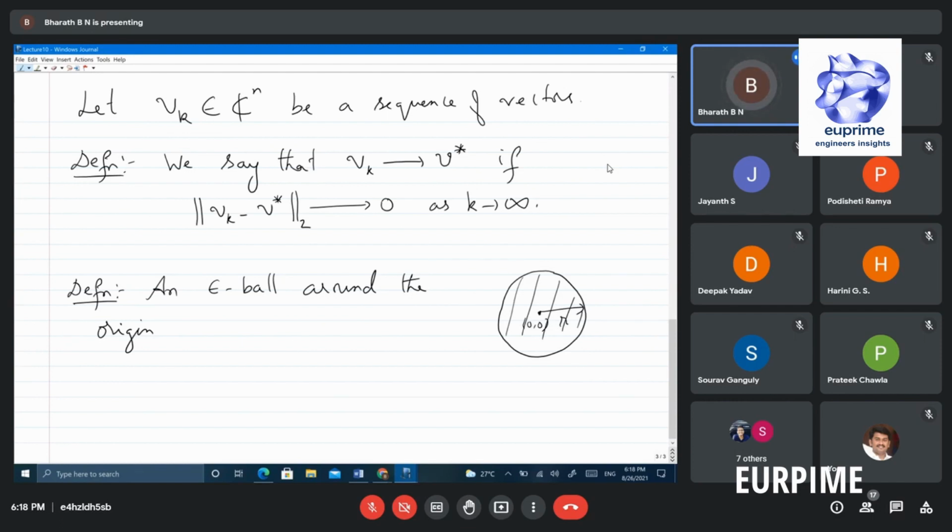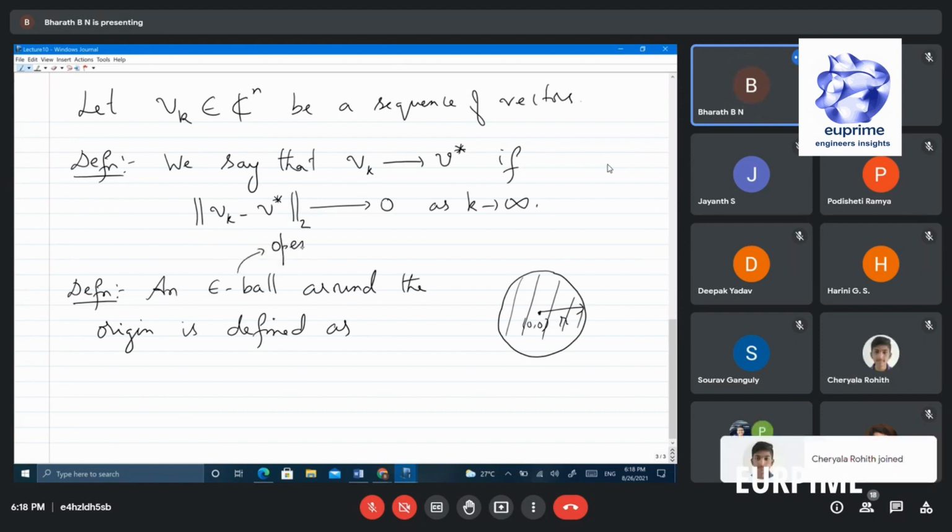So an epsilon ball around the origin is defined as, I'll call this an epsilon open ball. Whenever I say epsilon ball, it's an open ball, right?